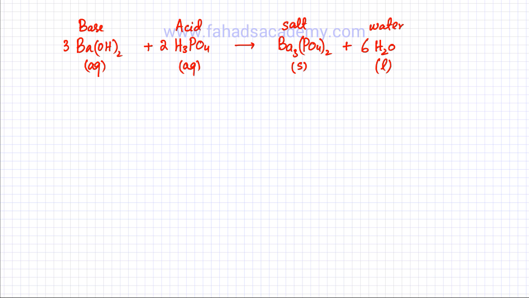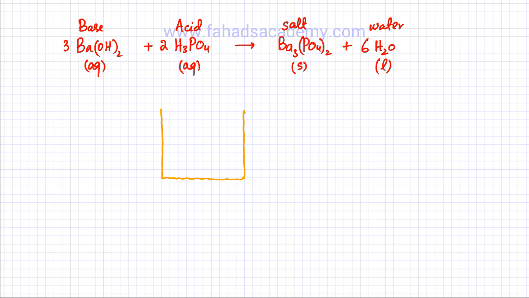So what you're going to do in the college laboratory is you're going to first take a beaker. And remember, I told you that the method of preparation is very easy. So you're going to take a beaker, and you're going to add the two reactants.